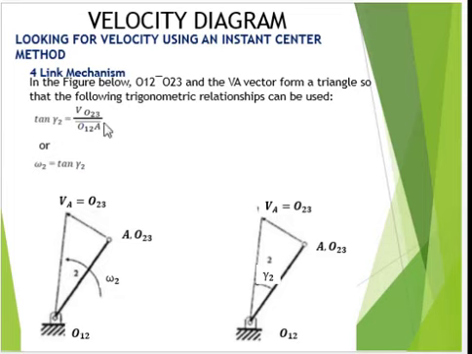This is the equation: tangent gamma 2 equals VO23 divided by the radius O12 A. This is the radius. So omega 2 equals tangent gamma 2.